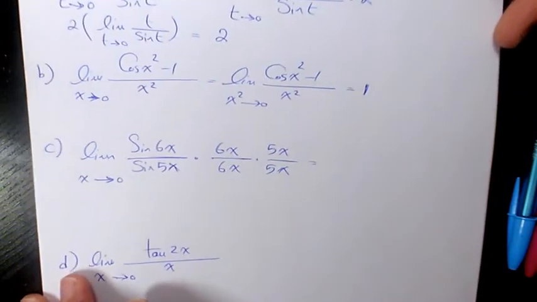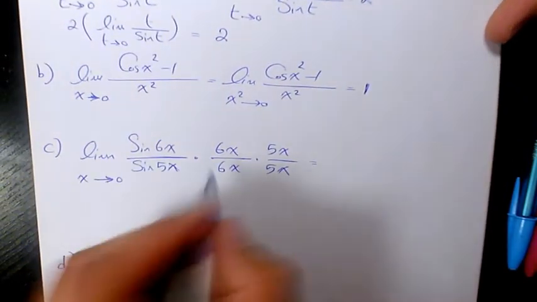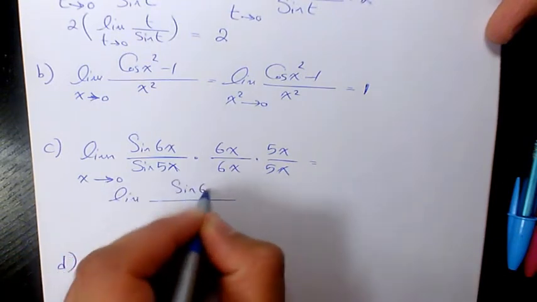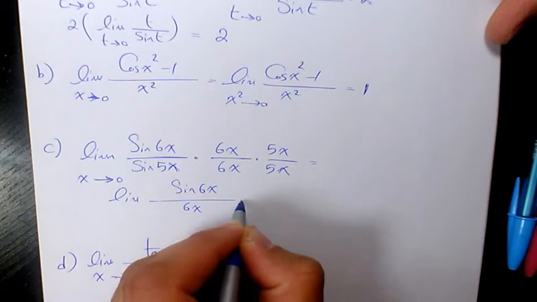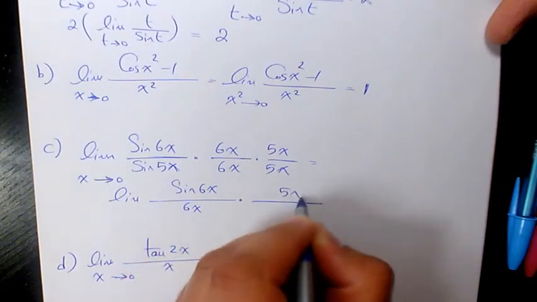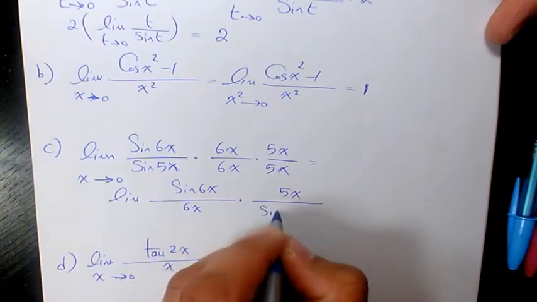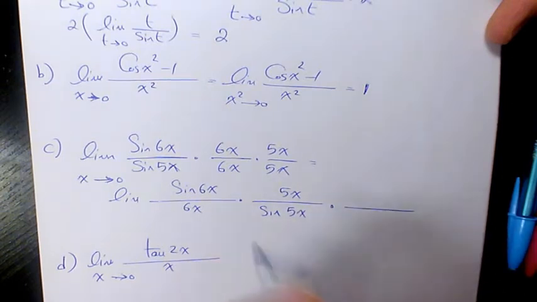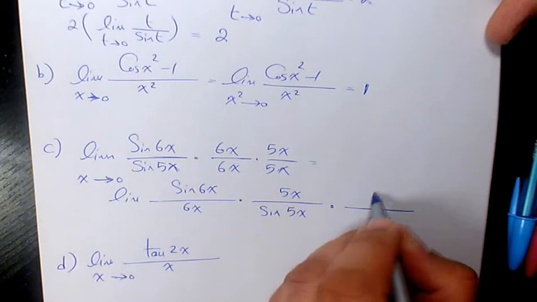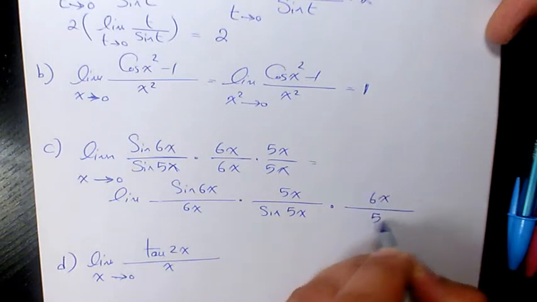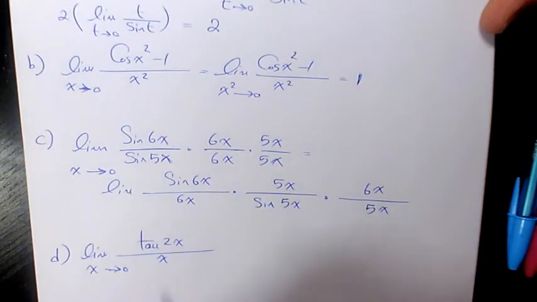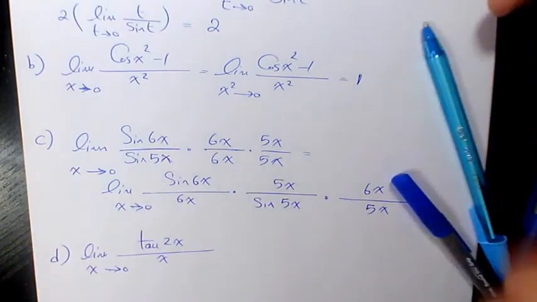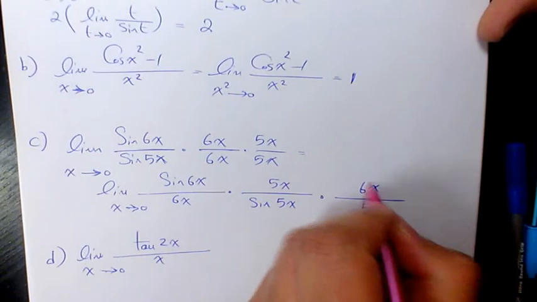Then I'm going to rearrange it in this form: sine 6x over 6x times 5x over sine 5x multiplied by 6x over 5x when x is approaching 0. Then as you see here, x and x cancel out.